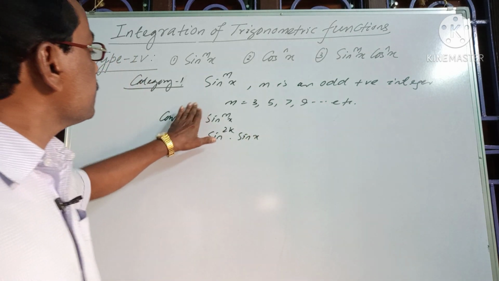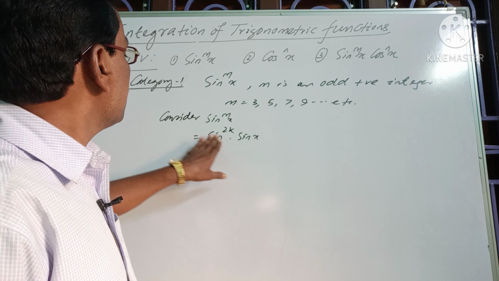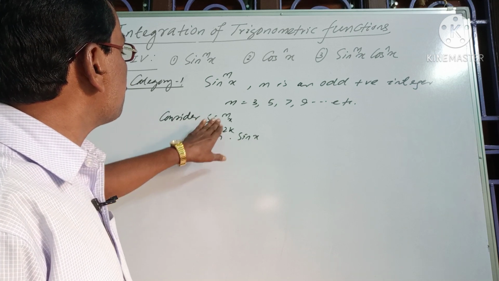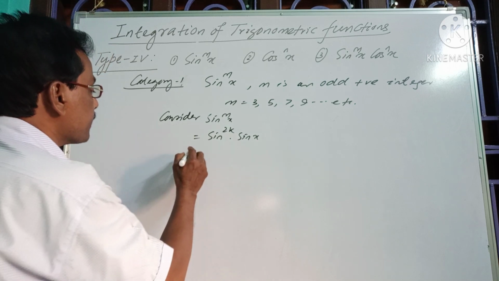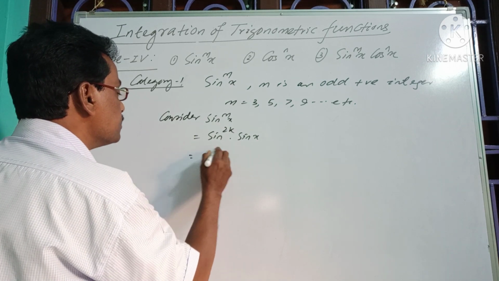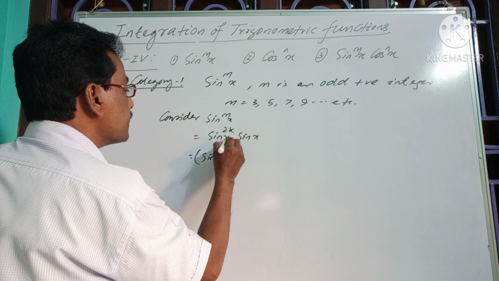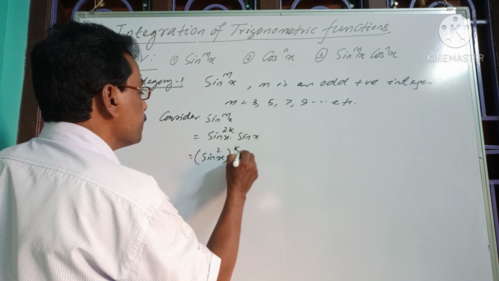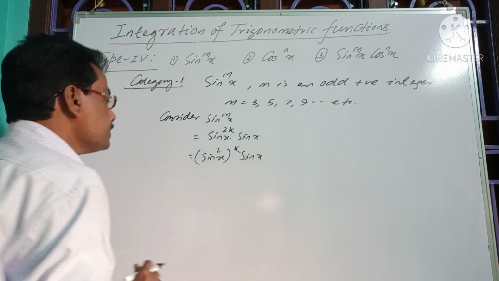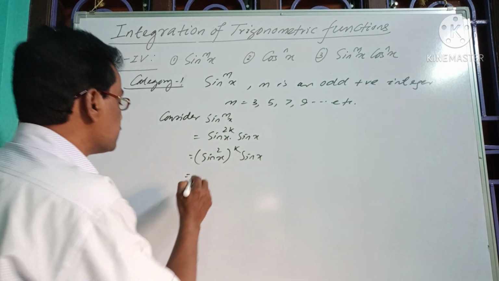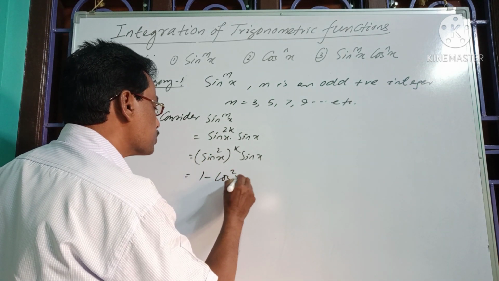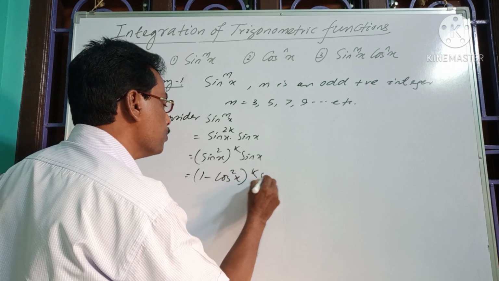After taking one factor sine x out, there will remain sine to the power 2k, that is, an even power. The even power can be broken into sine square x to the power k into sine x. So before integrating, we break sine square into 1 minus cos square x, to the power k, into sine x.